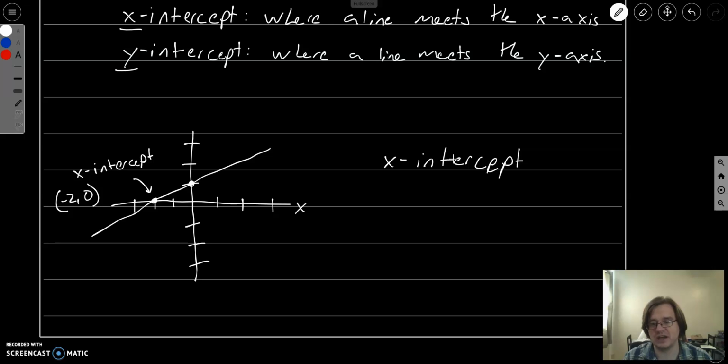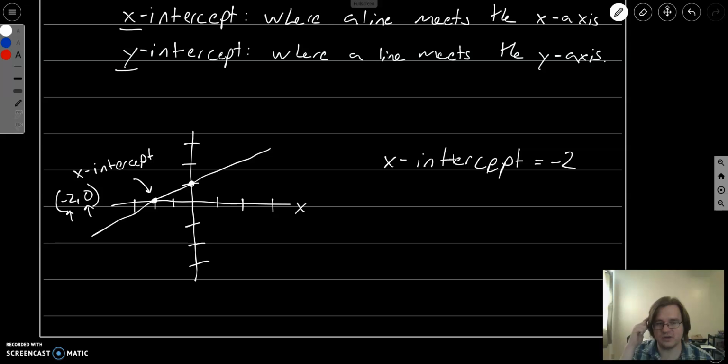So it can't be up or down at all. So we know that the second coordinate has to be 0. So by saying that the y-coordinate is 0, that's not really giving us any information here. What's more informative is to say where along the x-axis did the line hit. So the x-intercept here is just going to be -2.